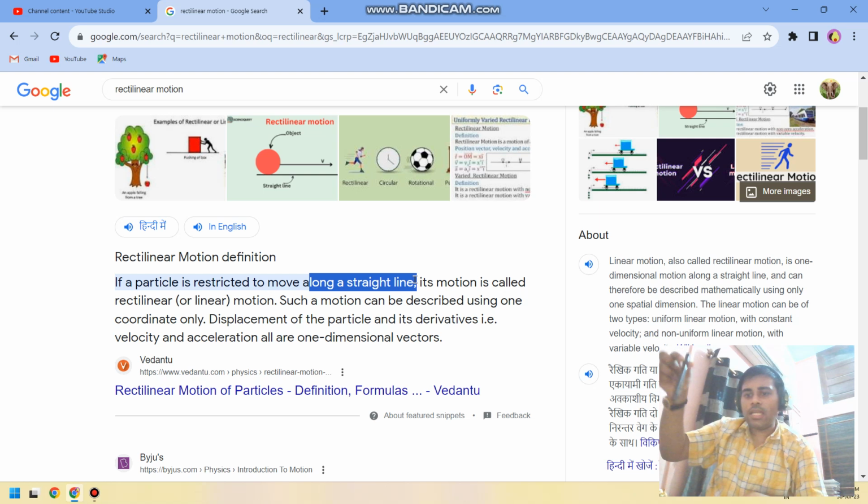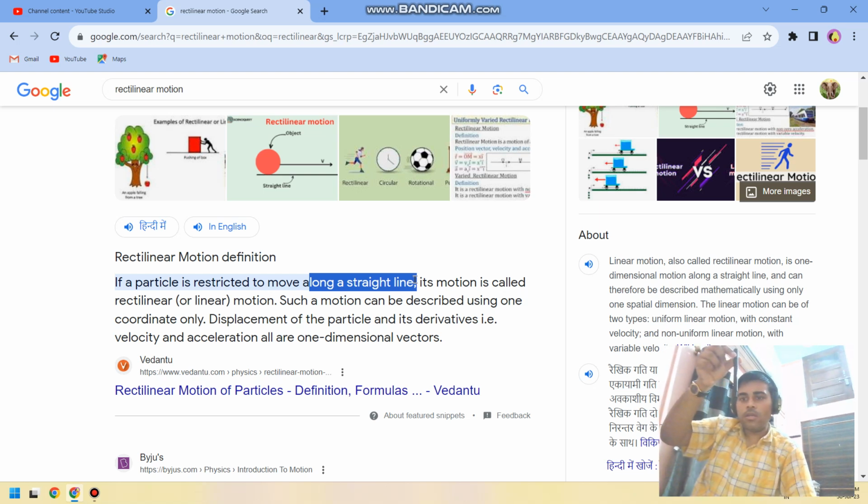When a particle is released in the presence of gravity, it falls down if no force is acting on it, like this. So, I think you got what rectilinear motion is. Now, the question arises: what are the different types a particle can move in a straight line?